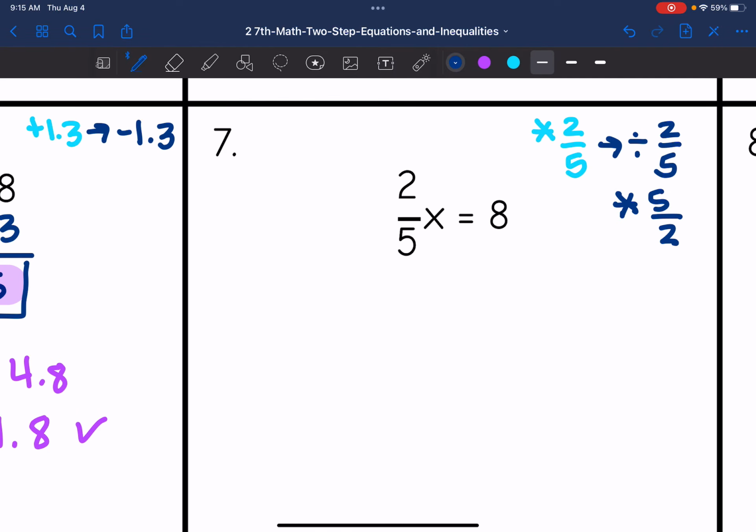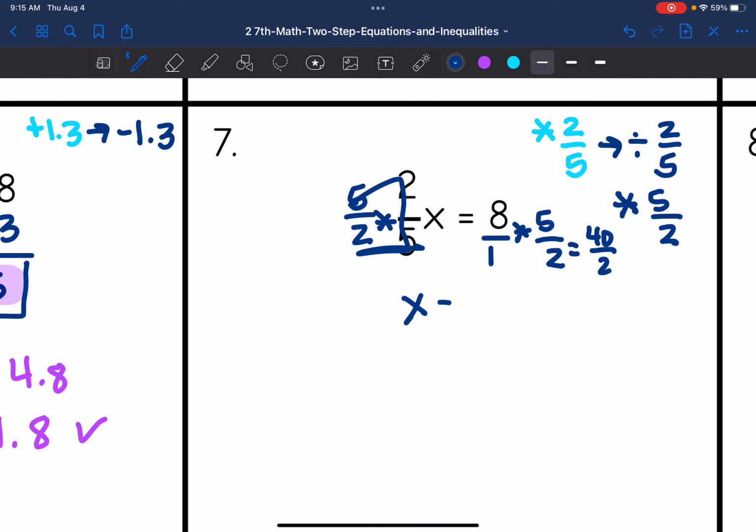So I'm going to multiply both sides of this equation by 5/2. 5 times 2 is 10, 2 times 5 is 10, so this ends up being 10 over 10 or 1, and now the x is isolated. And then I need to do 8 over 1 times 5/2, which is 40 over 2 or 20.